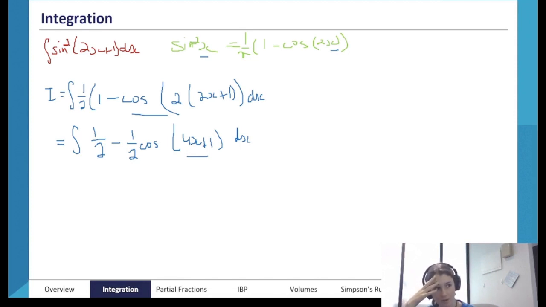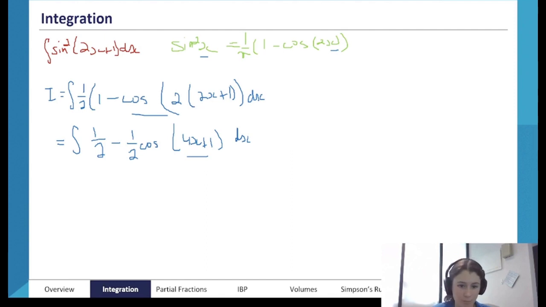You probably have learnt in methods how to integrate this, including the 4x plus 1, just by using the formulas that you've been taught, right? But because we are in Specialist, we're going to be using the actual method to do this, which is, of course, linear substitution, because we have a linear component within another function that we do not want. We want to get rid of it.